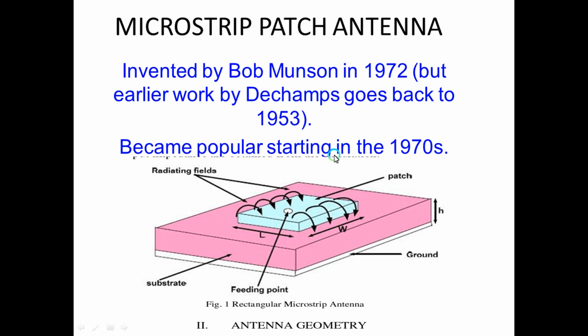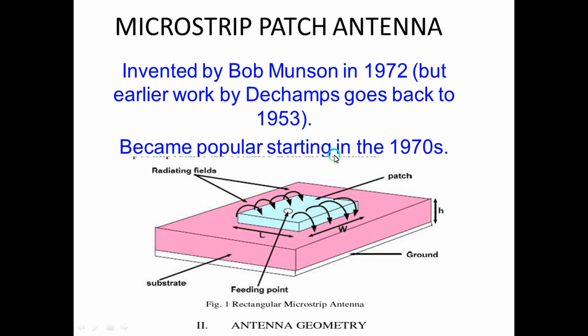In this video, we will discuss the basics of the microstrip patch antenna and how it works. First of all, the microstrip patch antenna was invented by D. Chance in 1953, but practically it came into use in the 1970s.